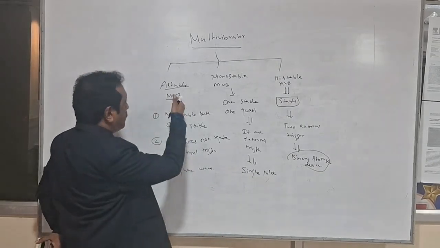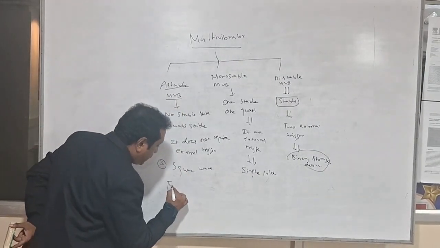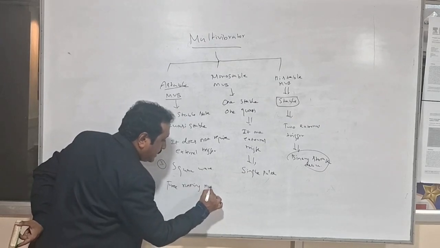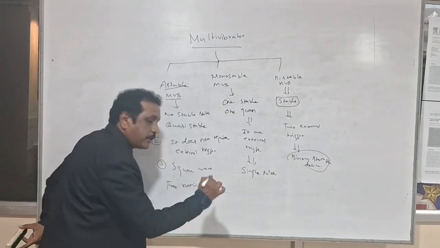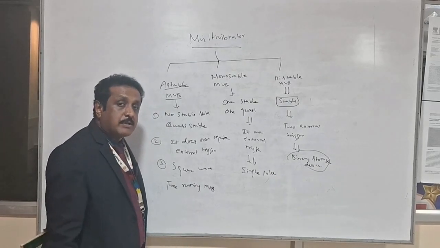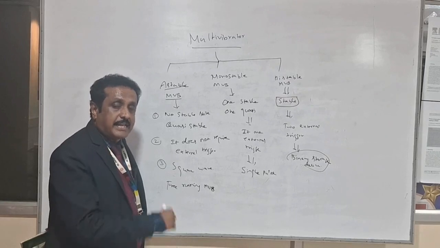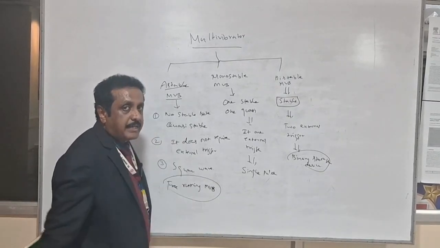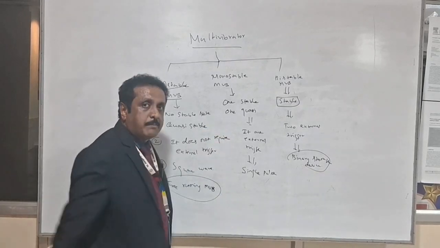The other name for the astable is the free running multivibrator. Since it does not require any external pulse, as soon as the supply is given, it starts generating the waveform. So it is called a free running multivibrator.